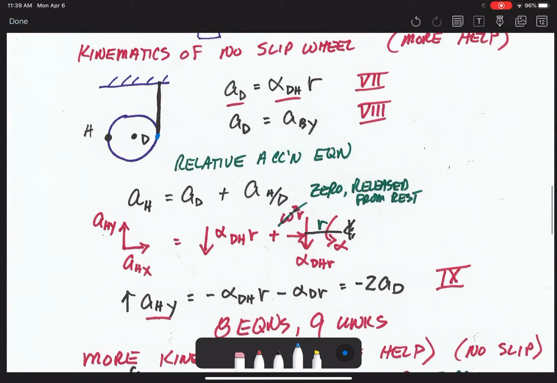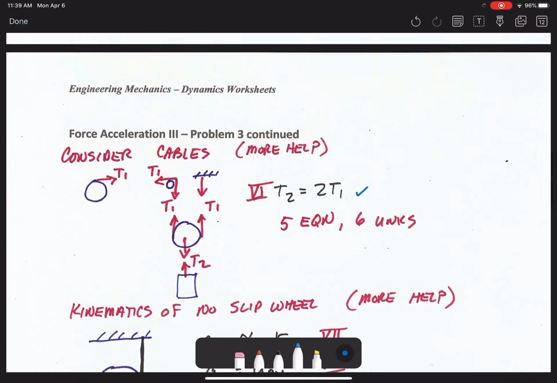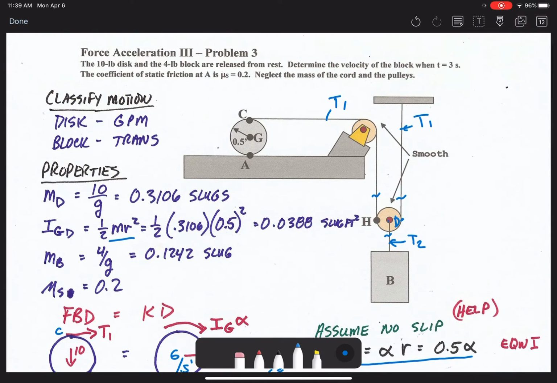And then we also need the acceleration AH. Why do we need to find the acceleration AH? Because as you can see in the whole system, H connects to point C with the cable T1. Whatever the acceleration of H going down, the acceleration of C in the x direction going to the right will be the same, because they go hand in hand with the cable.